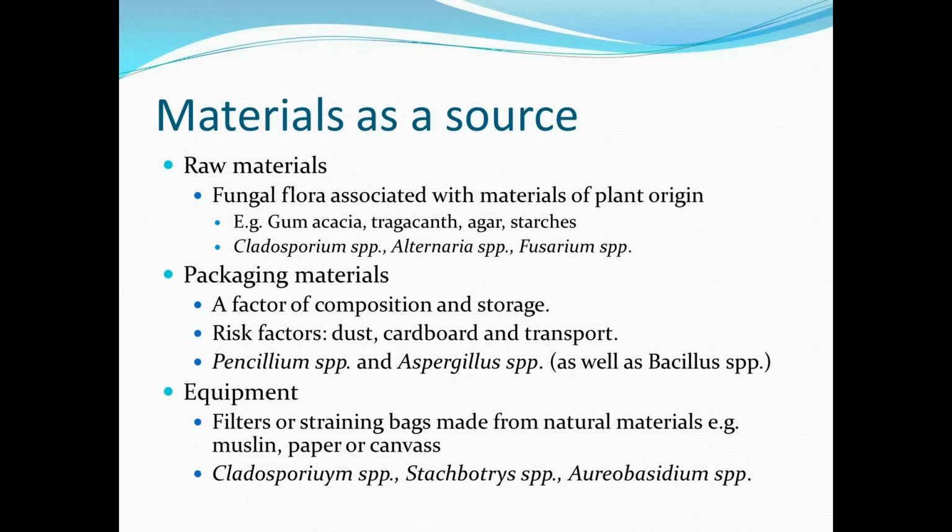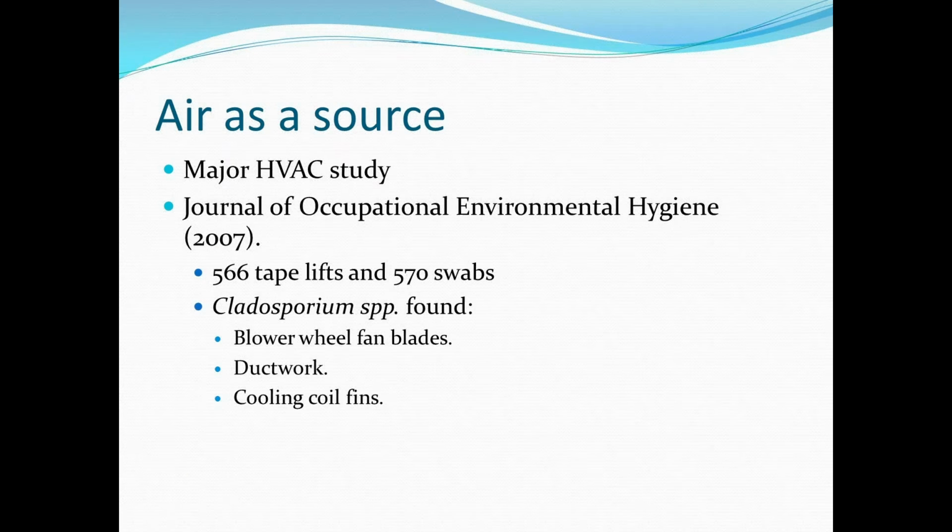So, for everything discussed so far, the biggest concern is with clean room air. And the problem of air was shown in a big study of HVAC systems, published in the Journal of Occupational and Environmental Hygiene back in 2007. In this study, the researchers undertook 566 tape lifts, which is not as sophisticated as it might sound, but actually went round with strips of sellotape.